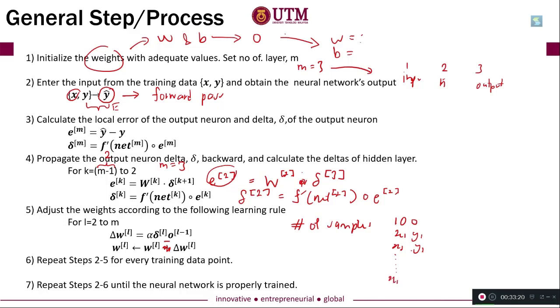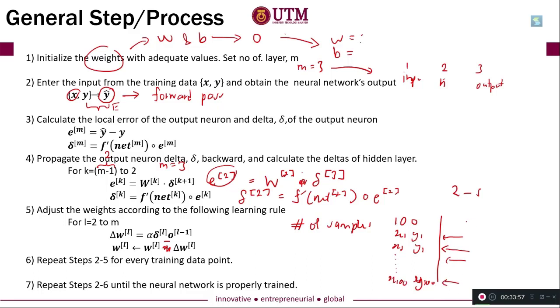This is the training data, so the last sample should be x100, y100. You must repeat step 2 to step 5 for each and every sample: execute step 2 to step 5 for the first one, and then repeat the same steps for the next sample, and again until the 100th data.